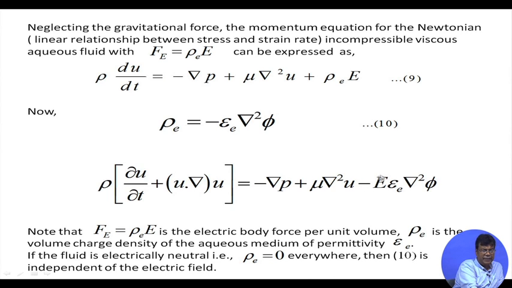The only extra term is governed by this. Now this shows that this phi and the Poisson equation, whatever equations we have developed, are now coupled. That means if it is not electrically neutral, these equations depend on each other.